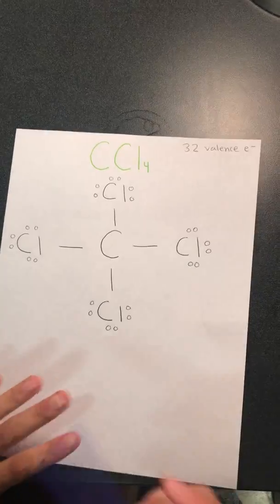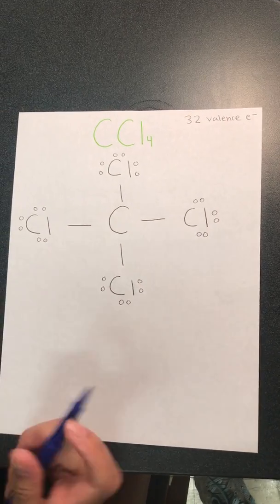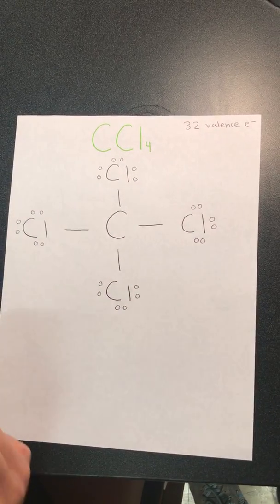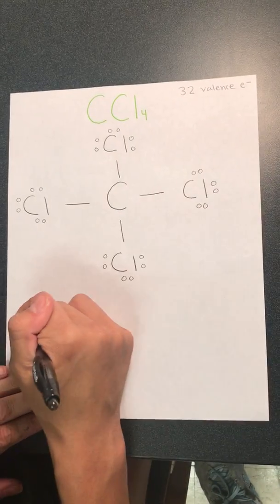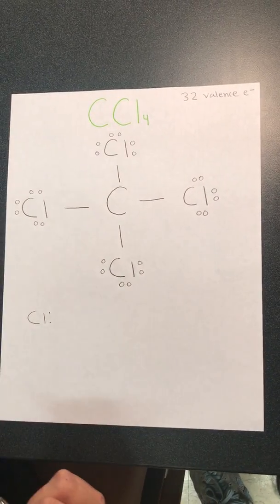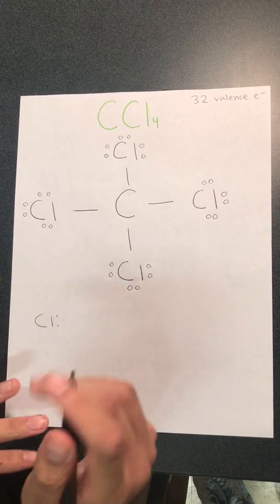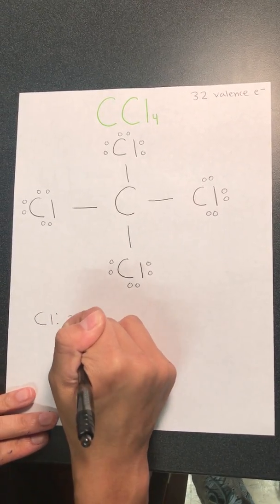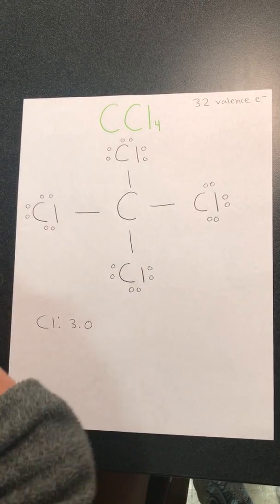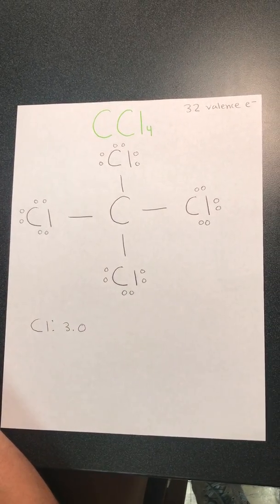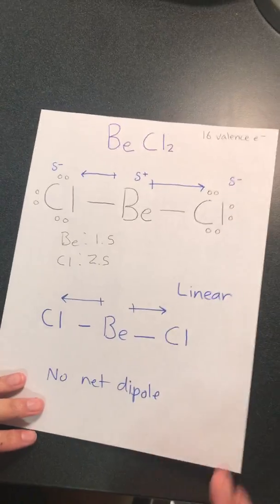Then our second to last molecule, CCl4, we have our right Lewis structure. Let's see. The electronegativity of chlorine, again, is 3.0. Shoot, did I do something? Okay, sorry, I messed up on this one.